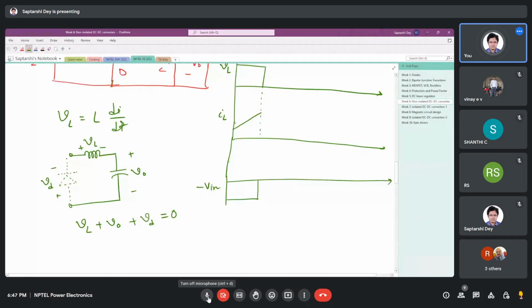This is the KVL equation that we have here. That is not true only when we are turning the circuit on or off. This is a general equation that we have.